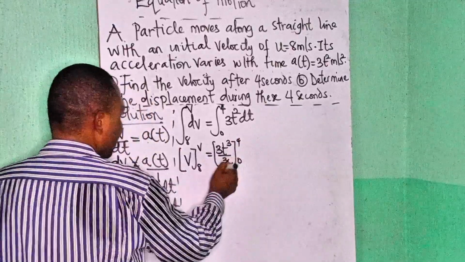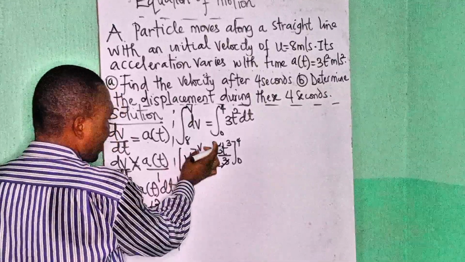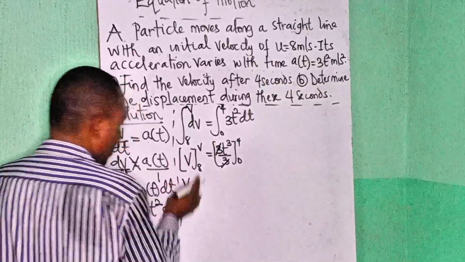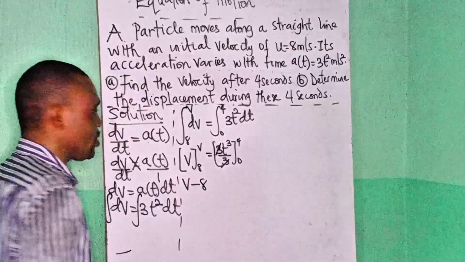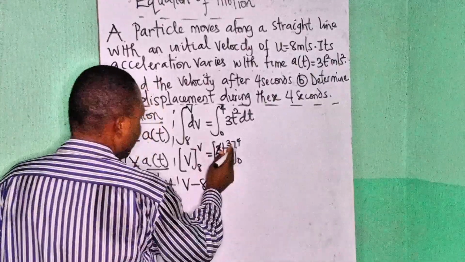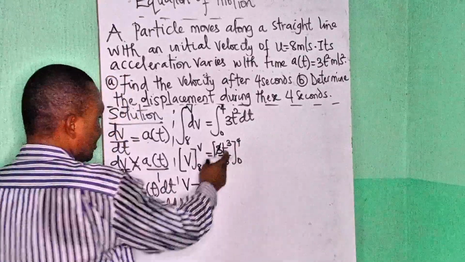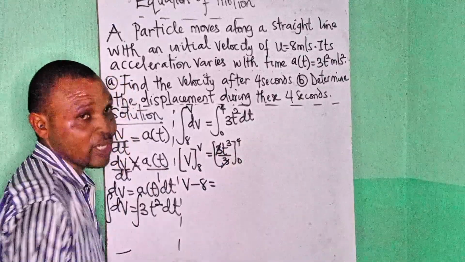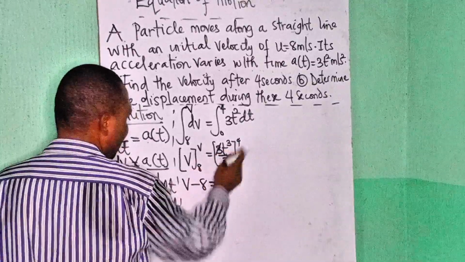Okay, so 3 cancels 3. Anywhere I see v, I'm going to be putting v minus 8. So I'm having v minus 8 equals, now from here, anywhere I see t, I'll be putting 4, and when t is 0, of course, my answer is 0. So now let us go for 4. Anywhere I see t, I'm going to be putting 4.